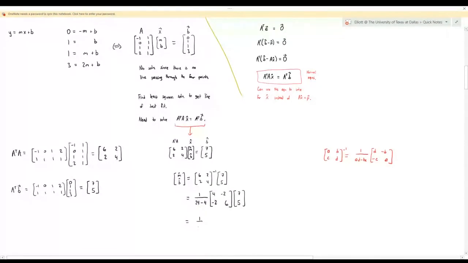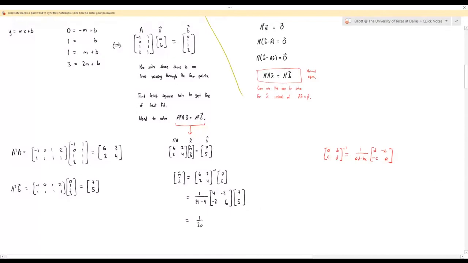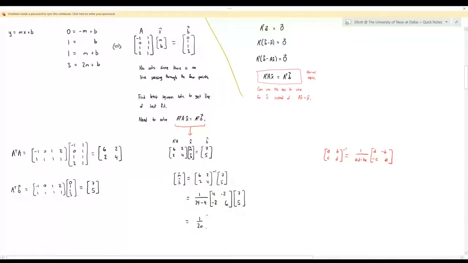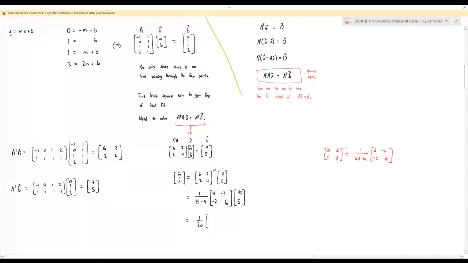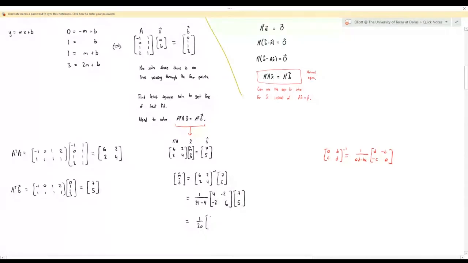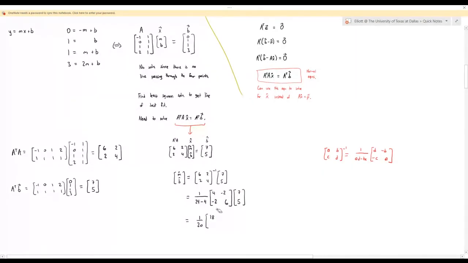Let me go ahead and finish multiplying this out. So we have 1 over 20, and then we're going to get 28 minus 10, so that's 18. And then we're going to get negative 14 plus 30, which is 16.